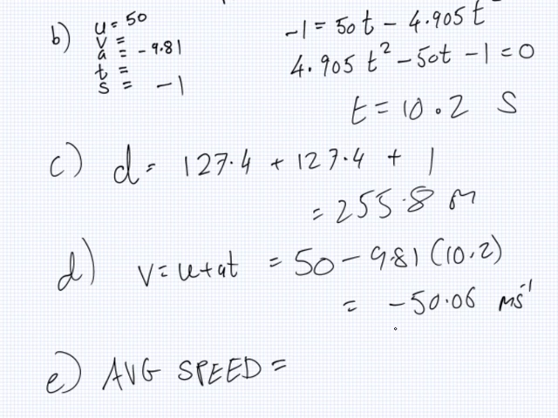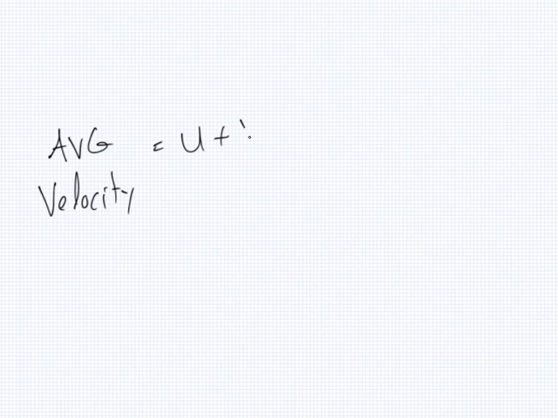So just to go to the side for a moment, to be very precise, the average velocity is U plus V over 2, because this is the initial velocity and this is the final velocity.